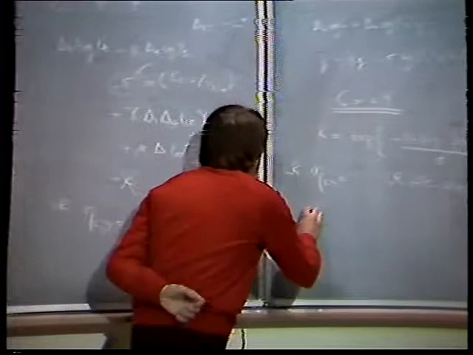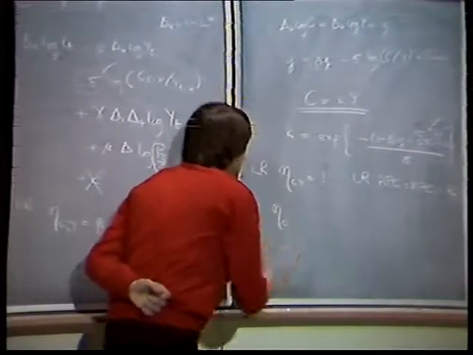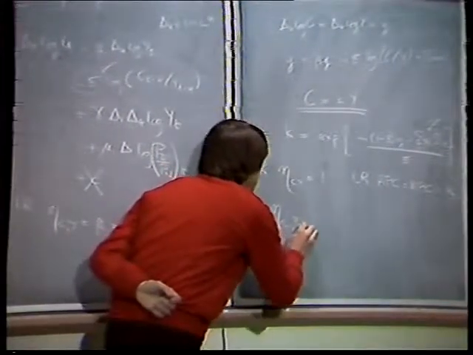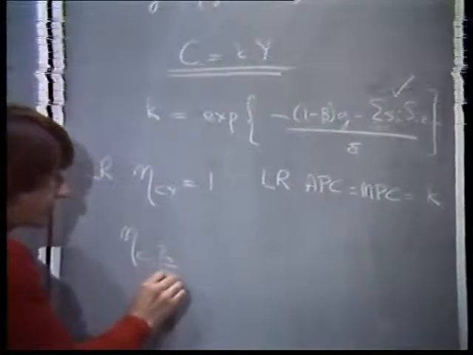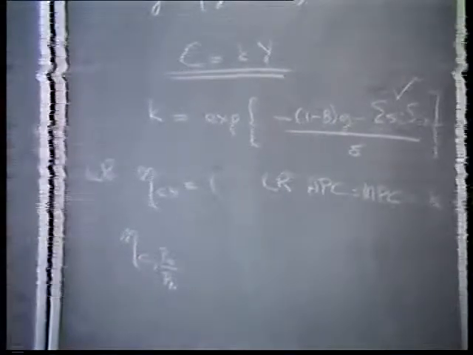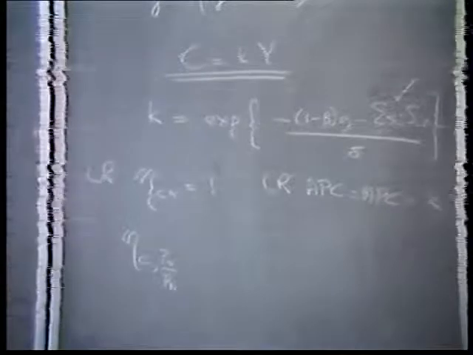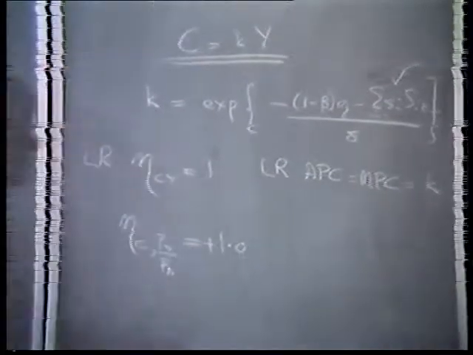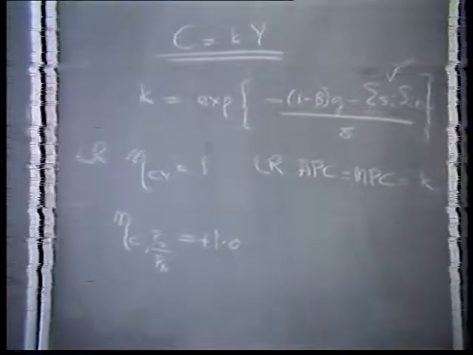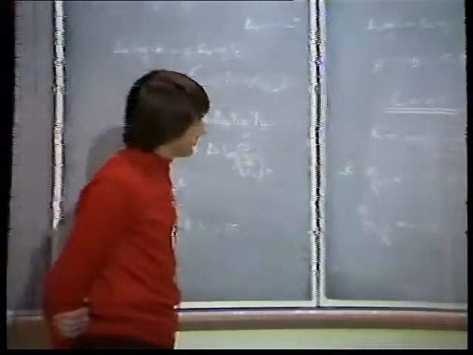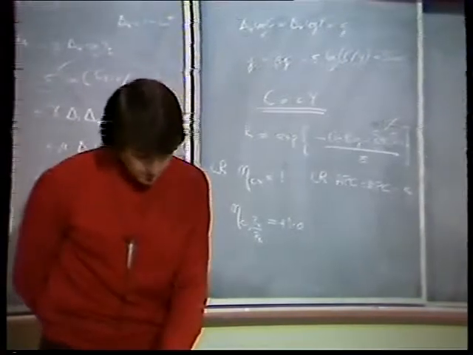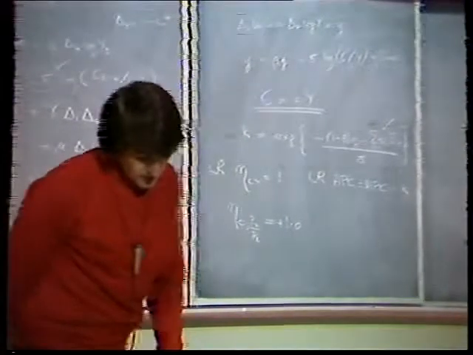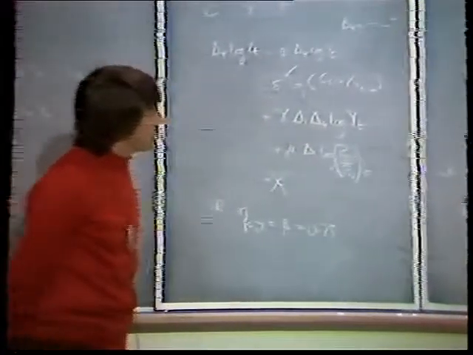In fact, that's the long-run elasticity of consumption with respect to the price ratio, which is the price of durables relative to the price of non-durables, and that turns out to be plus unity. And so we might want to question that model.